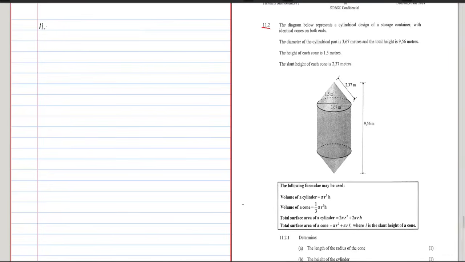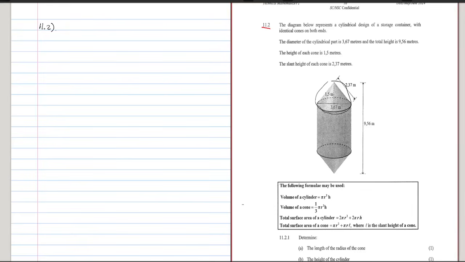Next and last question of this question paper. The diagram below represents a cylindrical design of a storage container with identical cones on both ends. So we have a cone similar to that cone at the bottom.